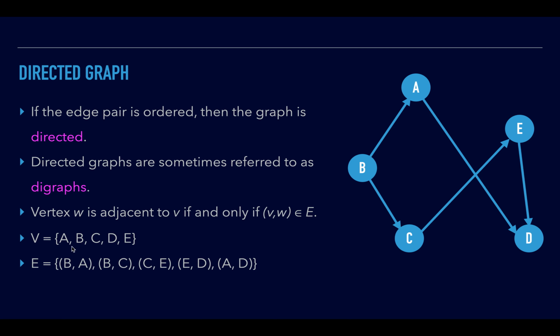The vertices are again A to E. If you look at the edges, the first one is B to A, not A to B, which means that the edge pair is actually ordered. If I write B to A, then I have an edge from B to A, not the other way around. I do not have an edge from A to B.